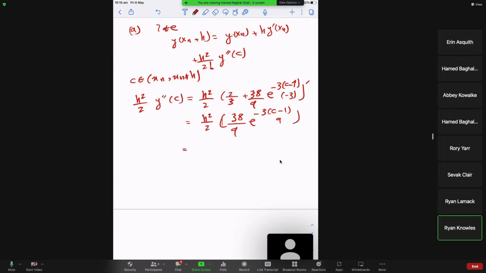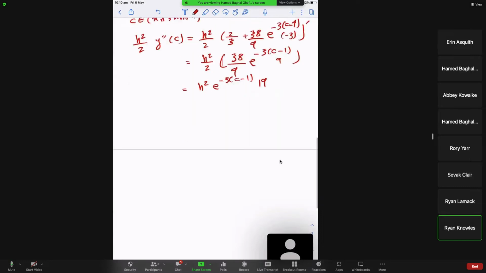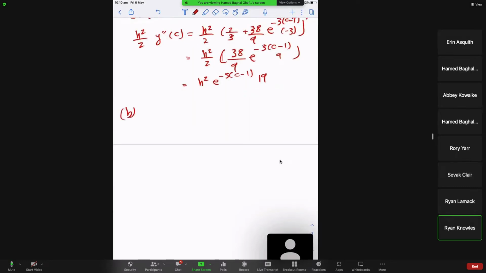So at the end it will be h squared times exponential of minus 3 (c minus 1) times 19. That is part A.